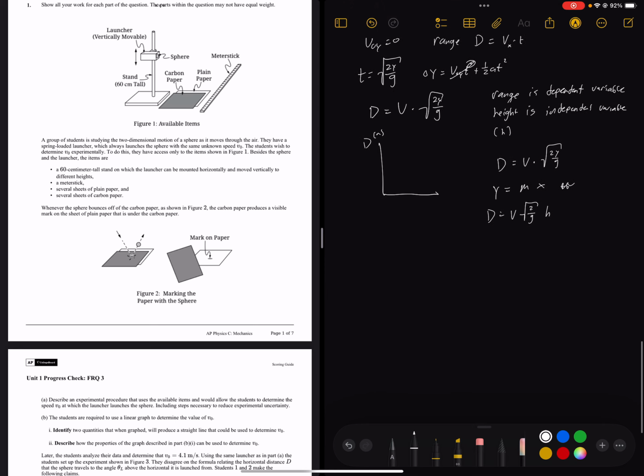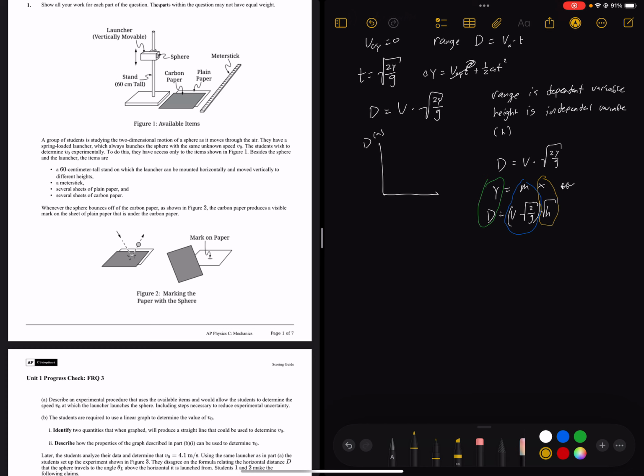So if I look here, oh wait, what am I talking about? Square root of h. All right. Okay, so if I look here, my vertical axis should be the distance. My slope is v times the square root of 2 over g. And then my independent variable is the height.